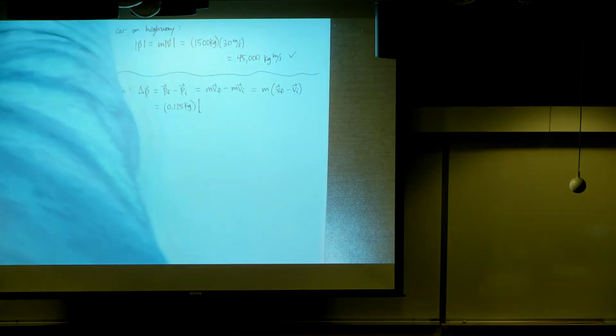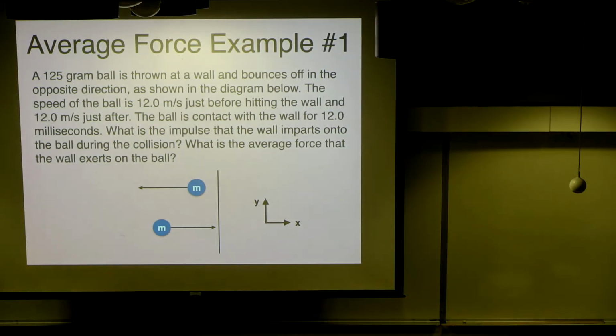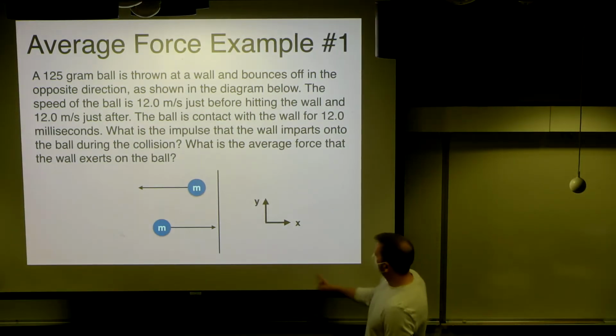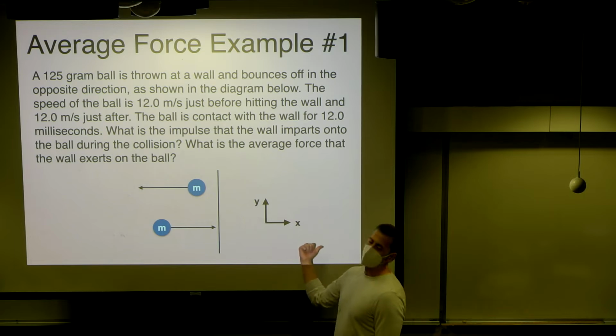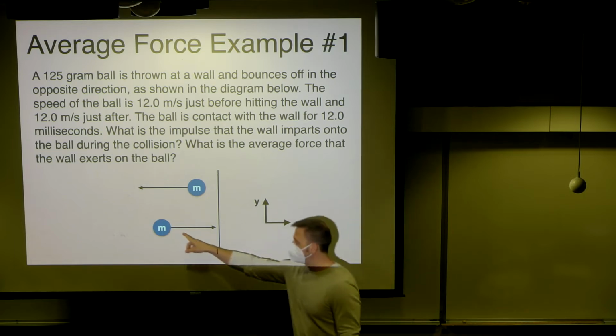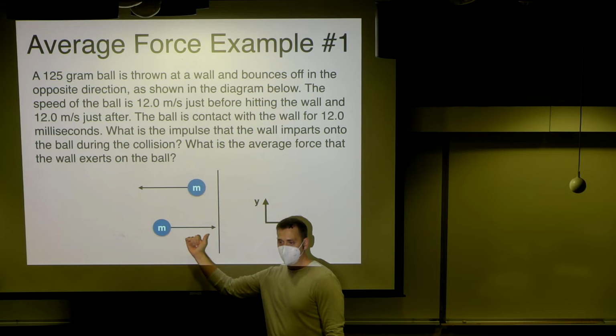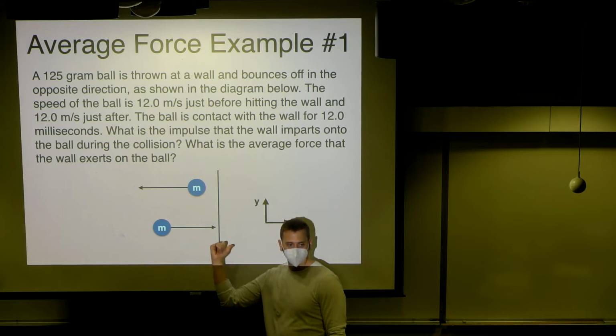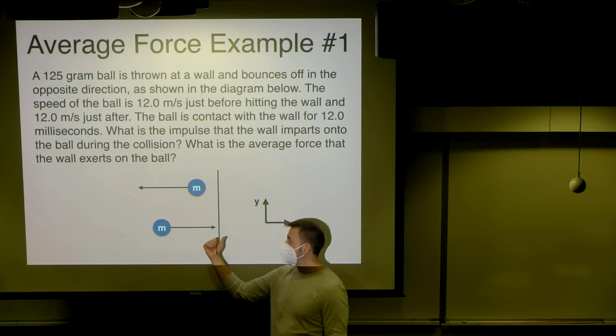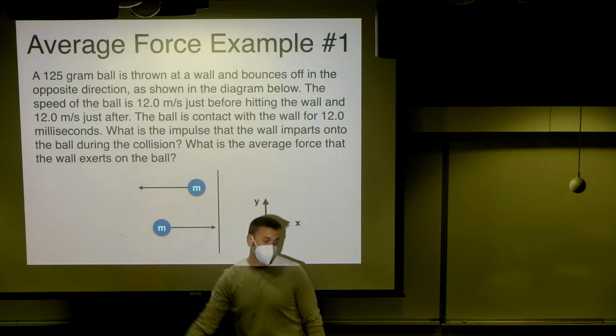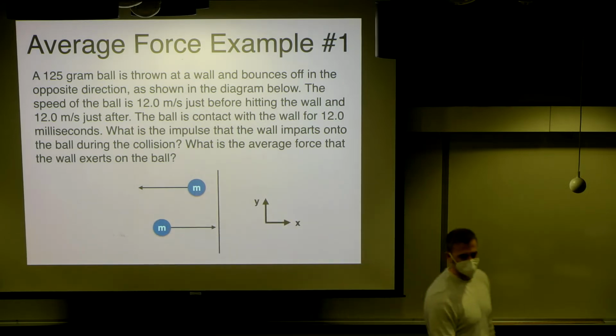So, let's go back to the picture real quick. If the positive x direction is going to the right, it's my v initial coming in that has a positive value, right? This one is in the positive x direction. It's my v final which is going in the negative x direction, okay? Again, I have to really account for that to get this right.